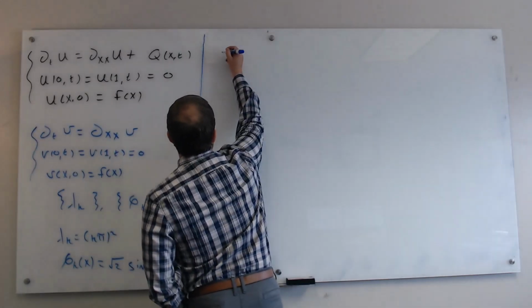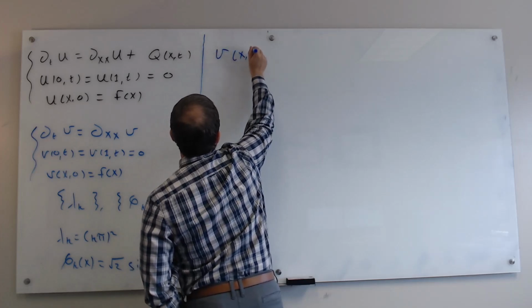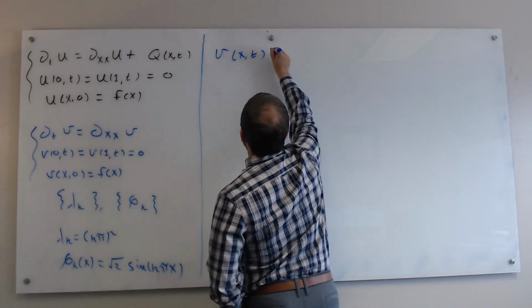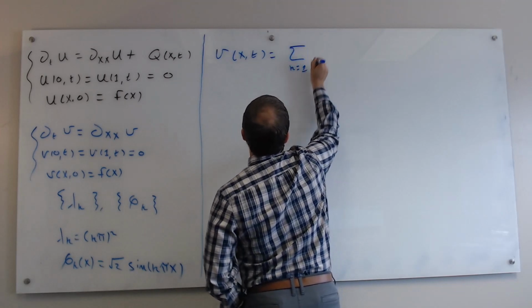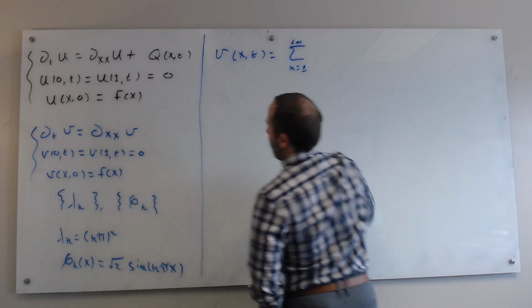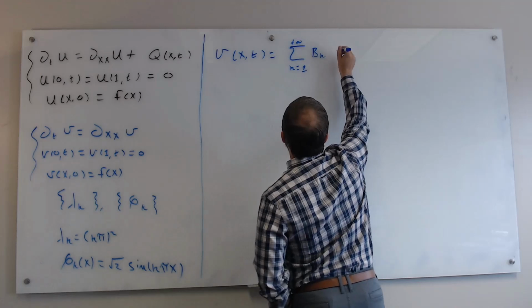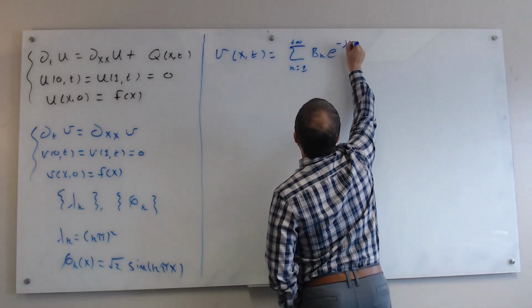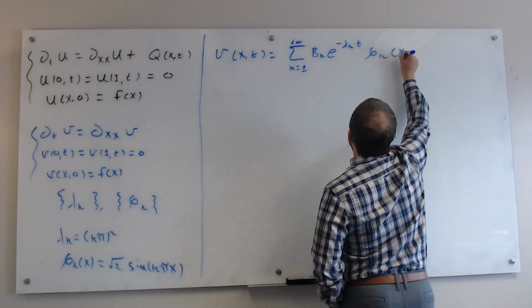Okay, so we know that v of x,t can be written the following way. It can be written as the sum k equals 1 to infinity of b k e to the minus lambda k t times phi k of x.